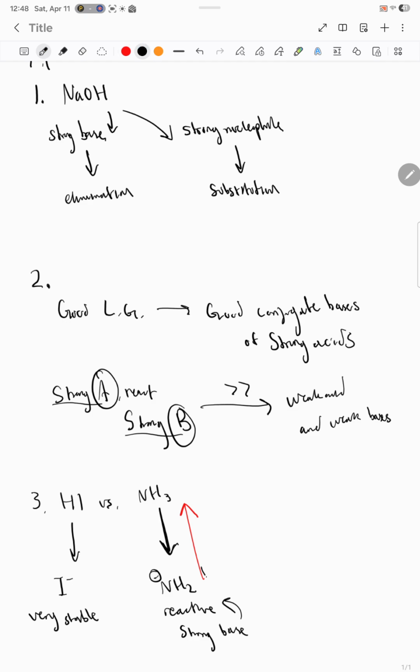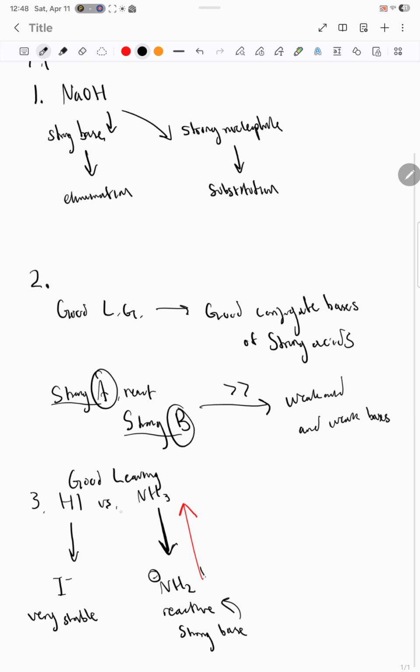And that is why, when discussing good leaving groups, we know that hydroiodic acid is the answer, because it will want to deprotonate.